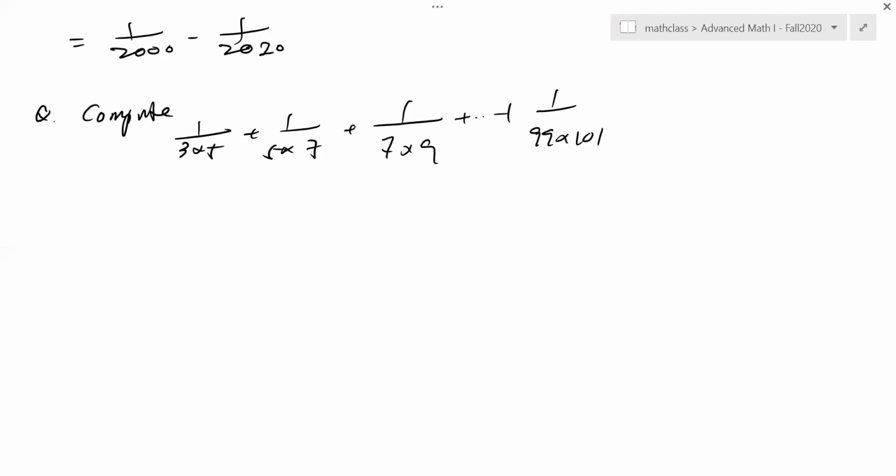So the idea is that this should be equal to 1/3 minus 1/5. But 3 and 5 are not consecutive numbers; the difference is 2. So when you combine those two terms, it will be 5 minus 3 on the top. That's why you have to divide by 2, for the same reason.